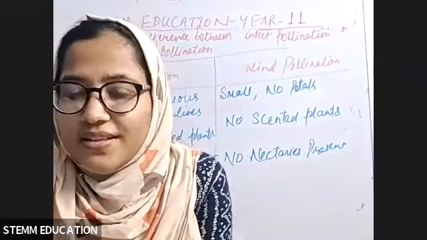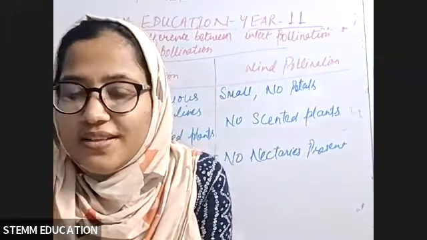On the way, pollen grains which are stuck on the body of the insect are left on the stigma. That's how they get nectar. That's why nectar is present at the base of the petals, right?